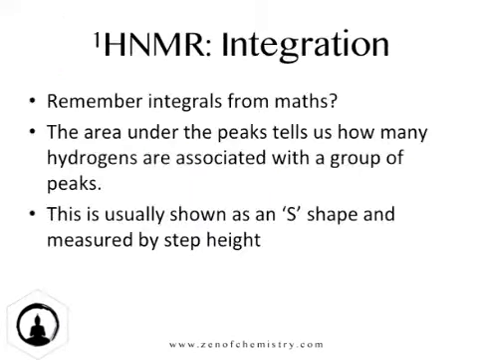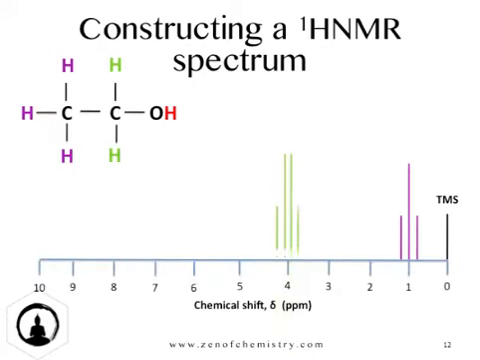Now, let's look at our integration. For those of you who are maths methods students, if you've done integrals, here's our real life example. It measures the area under the peak, and the area under the peak tells us how many hydrogens are associated with a group of peaks. It's usually shown as an S shape. So if we go to our peaks here, our first one, here's our S shape.